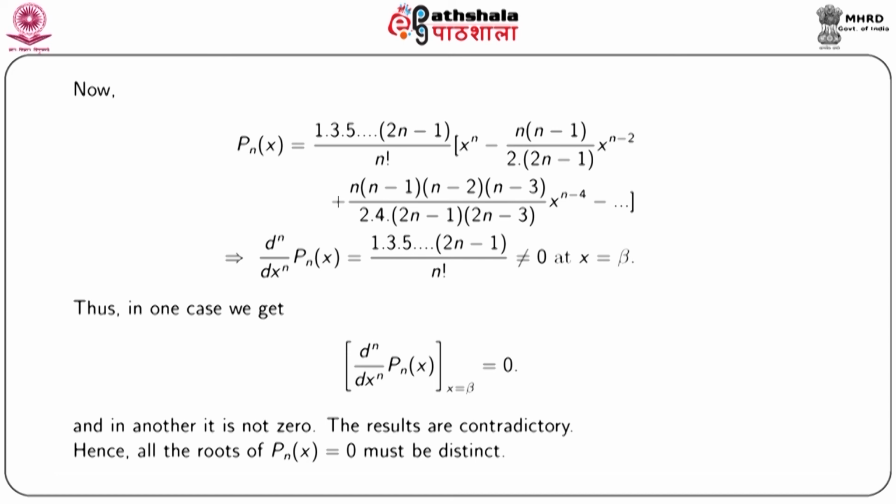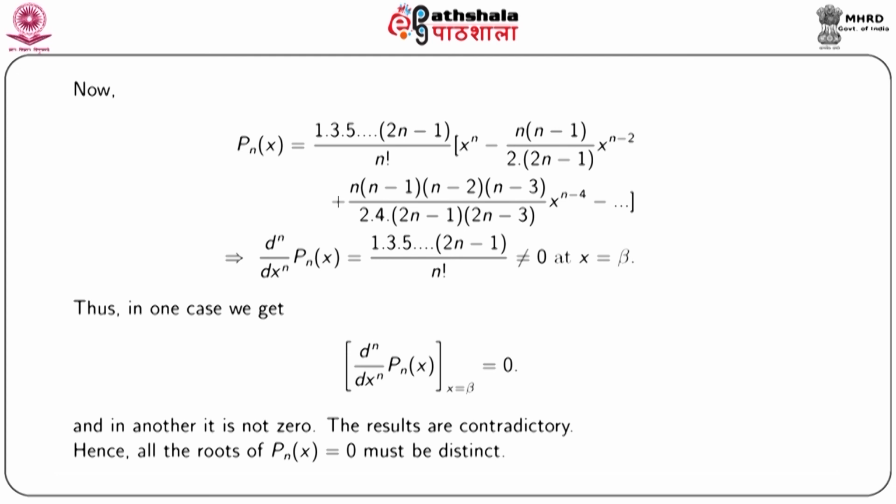Now, we already have the expression for Pn(x) equal to 1.3.5...(2n − 1) divided by n factorial, multiplied by this whole expression. Now, if we differentiate this n number of times, since this is x to the power n, we will get this whole constant multiplied by n factorial.